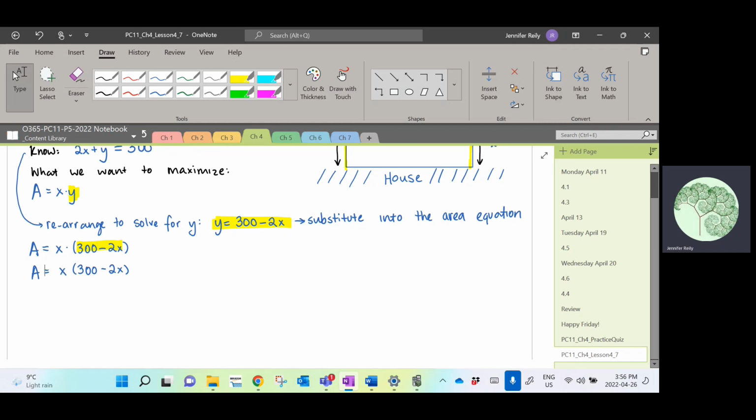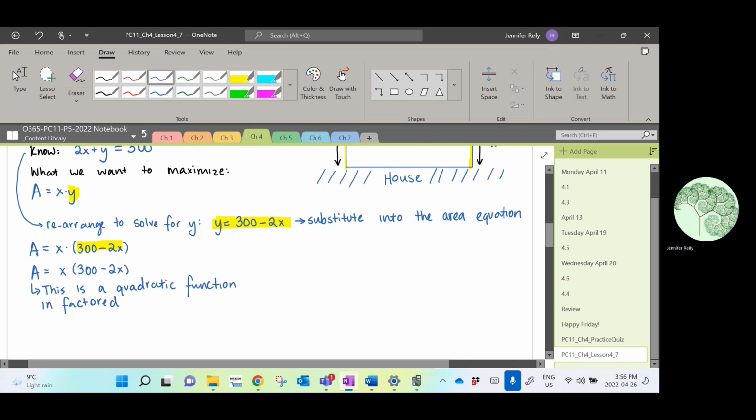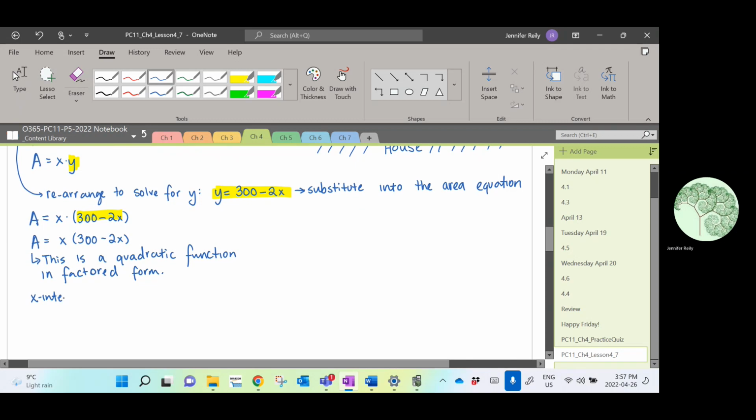This is a quadratic function, and actually it's already in factored form. And we can find the intercepts of this function. So the intercepts would be at x equals 0 and at x equals 150, whatever would make that bracket equal to 0.